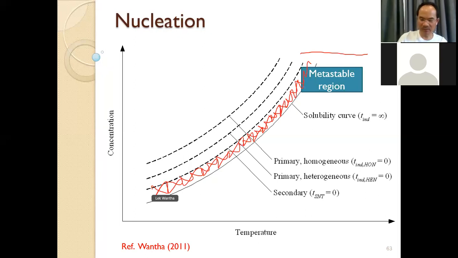If we have some crystal seed in this, it's possible to get secondary nucleation. But in industry, we need to avoid the secondary nucleation. If we have secondary nucleation, that means we get a lot of crystals of different sizes. So you have to control the conditions: control the mixing rate, the temperature, and the concentration.